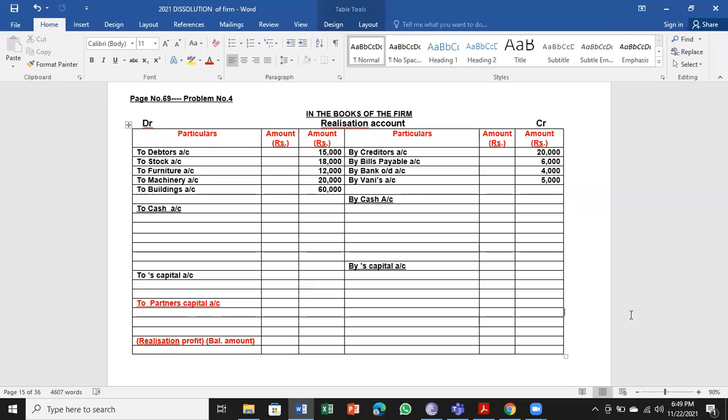So to calculate the profit or loss on realization of assets and payment of liabilities, we are preparing the realization account. That is the main objective over here. So in that process, we have these steps 1, 2, 3, 4. I have taken the first step: all realizable assets to debit side, all liabilities to be paid on the credit side.